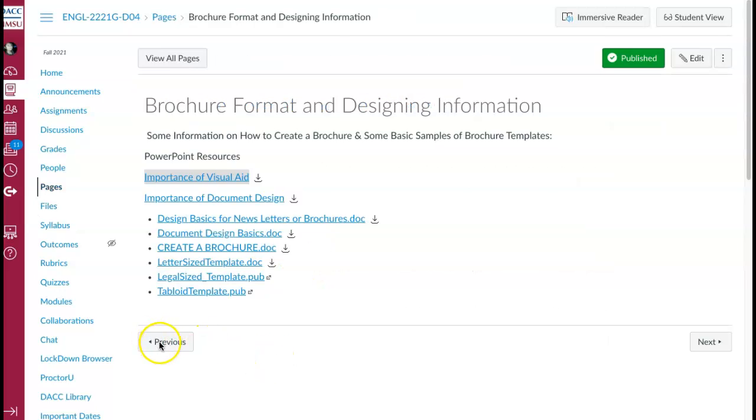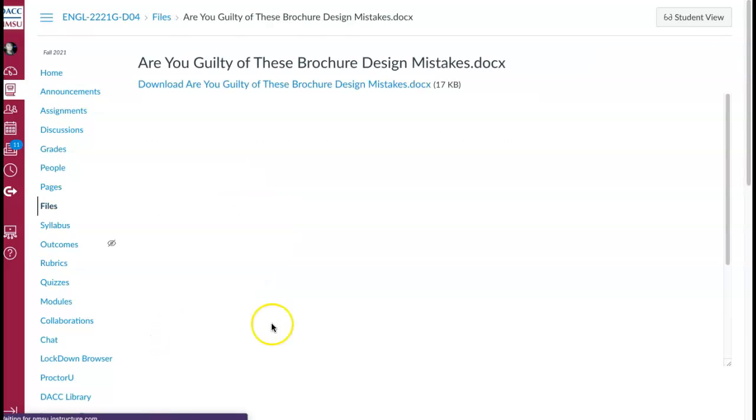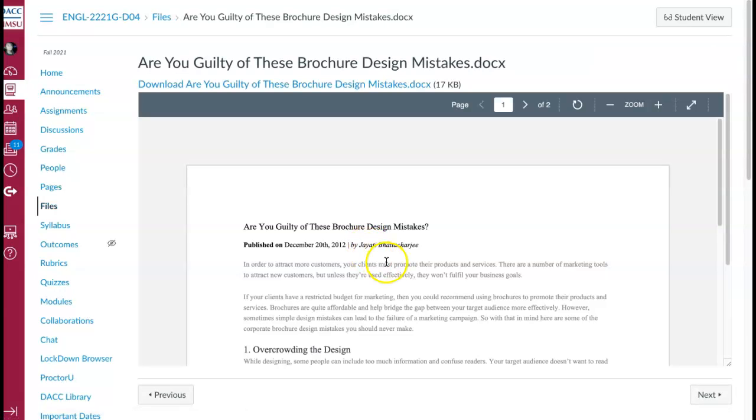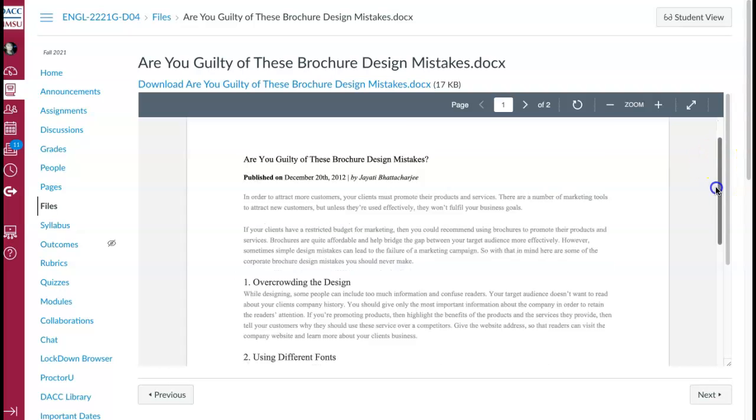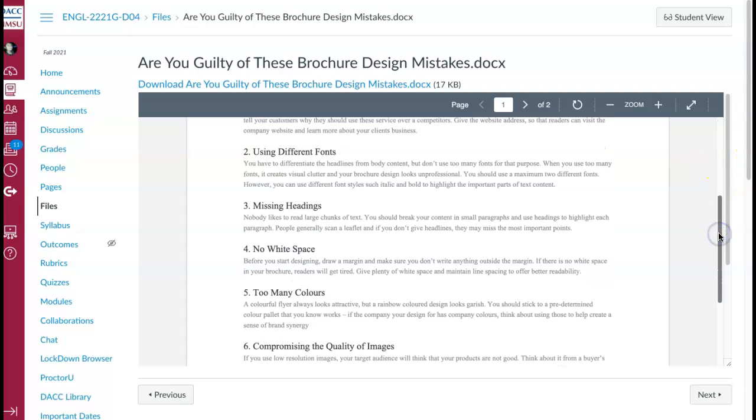Missing headings is something that you definitely don't want to do, because headings are basically what are going to organize your brochure. So if you want to keep your brochure organized, you want to make sure that you have effective headings, and each flap in the brochure should have a heading.